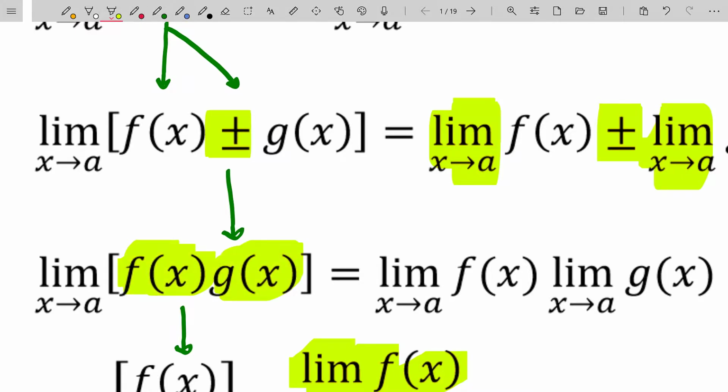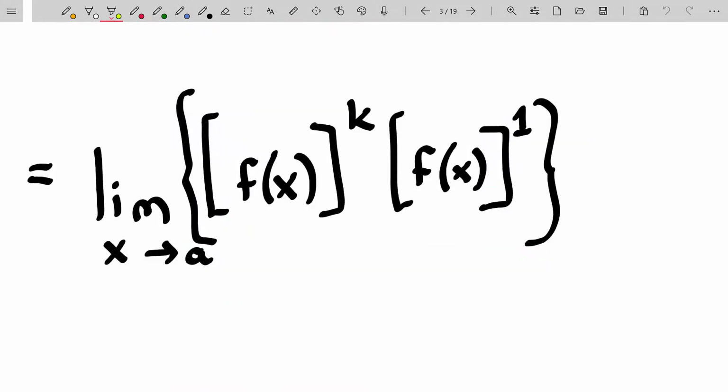If each of those limits becomes finite when you rip them apart, then you are allowed to rip those two apart into two different limits like we just did there. So in this case, can we break this limit apart into two subsequent limits? Well, let's see.